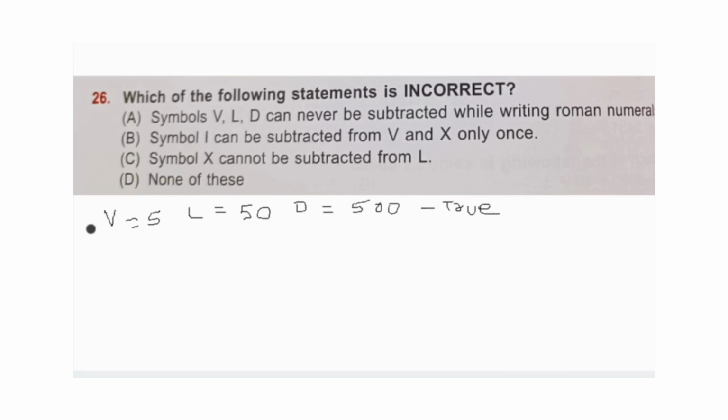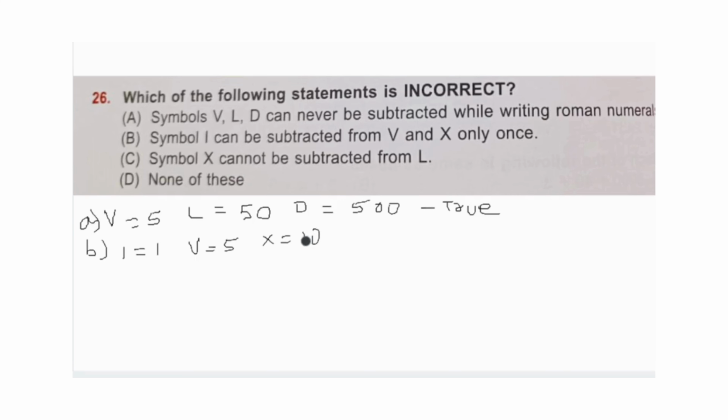Let's see option B, which says symbol I, which is 1, can be subtracted from V, which is 5, and X, which is 10, only once. So let's try to write V, which is 5, and X, which is 10.